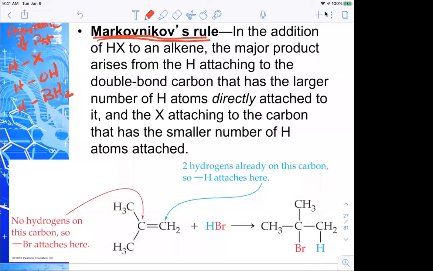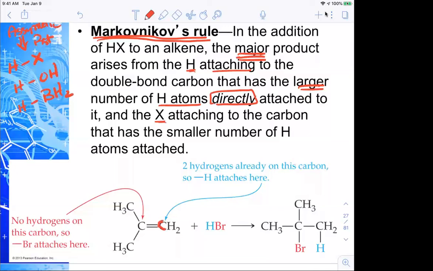So in the addition of HX to an alkene, the major product comes from when the H attaches to the double bond carbon that has the larger number of H atoms directly attached to it. The X attaches to the other carbon. So again, here in this example, now I've added another methyl group.